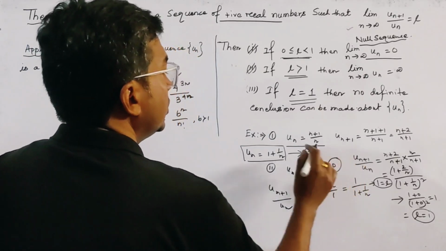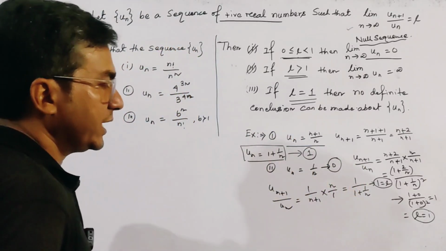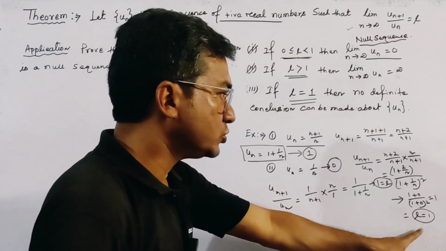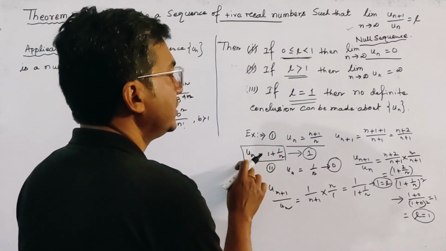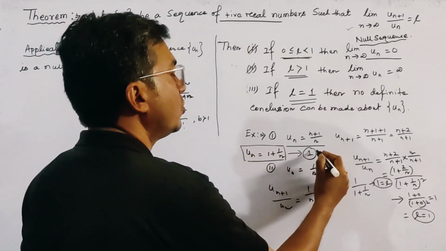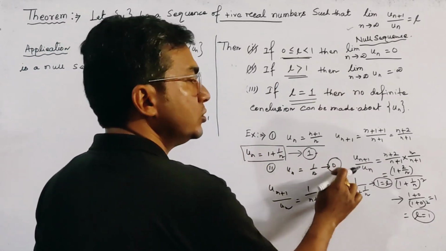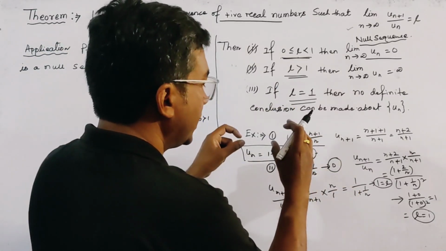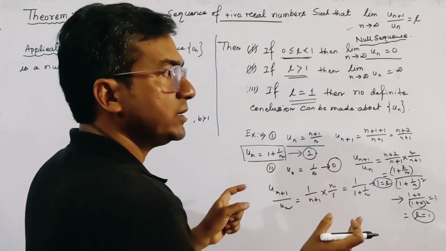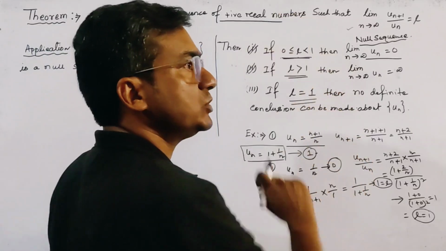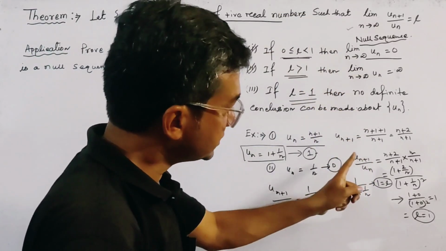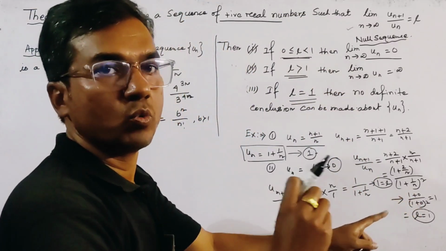So in both cases L equals 1, but the limiting value of un converges to 1 in one case and to 0 in the other. So the limits of the sequences are different, but the limit of the ratio un plus 1 by un in both places is 1.